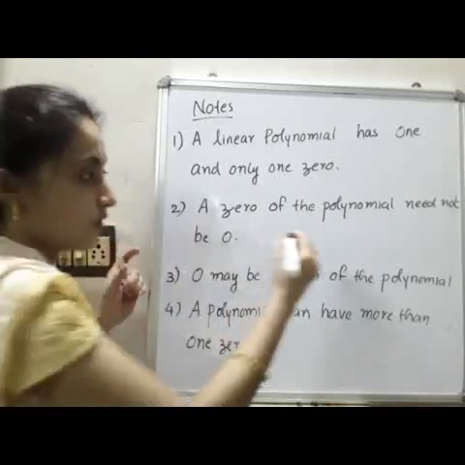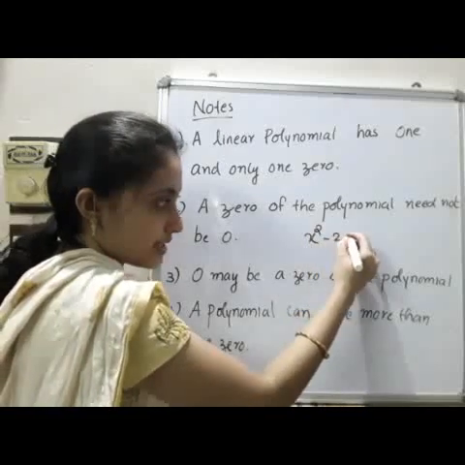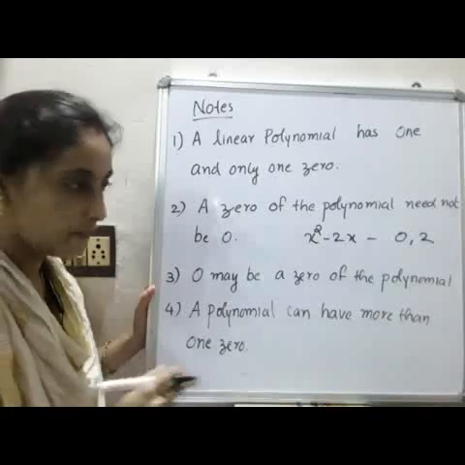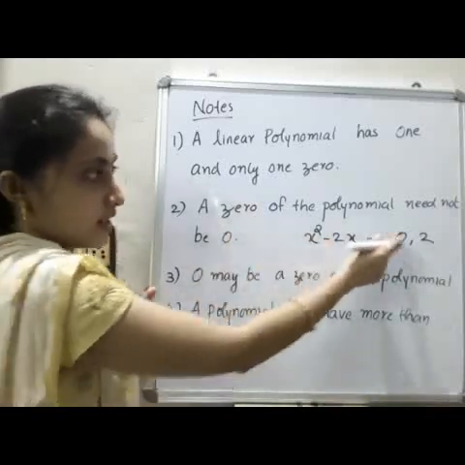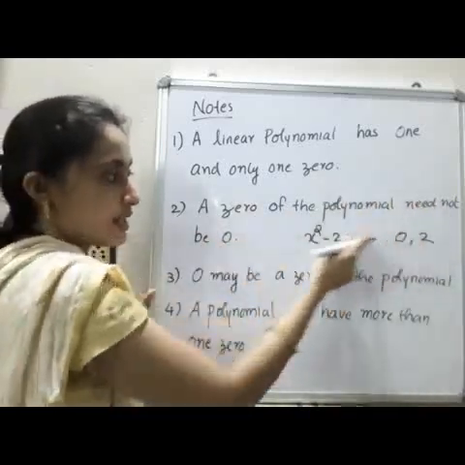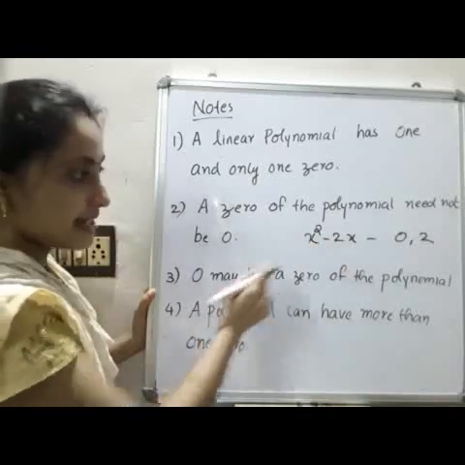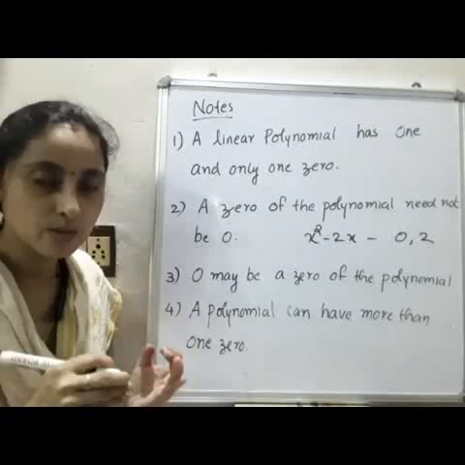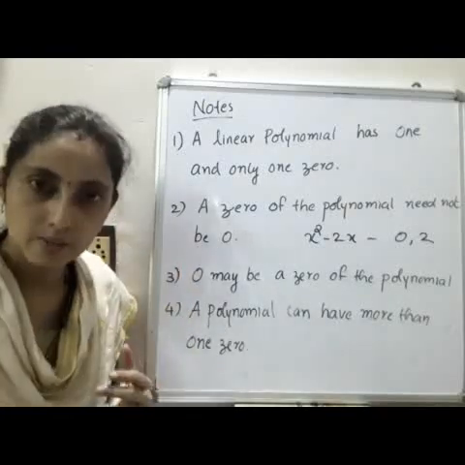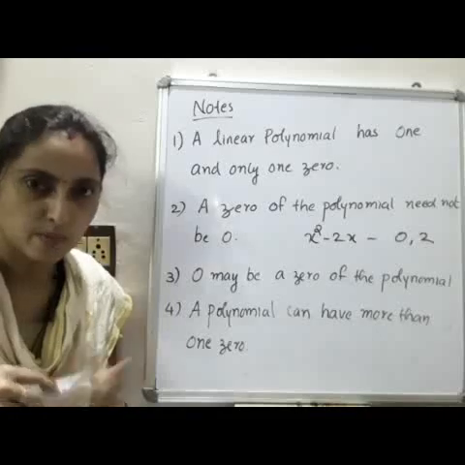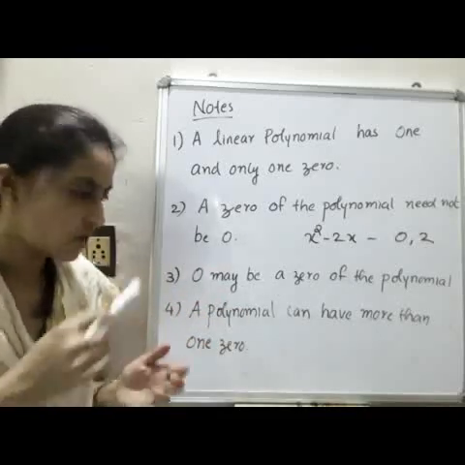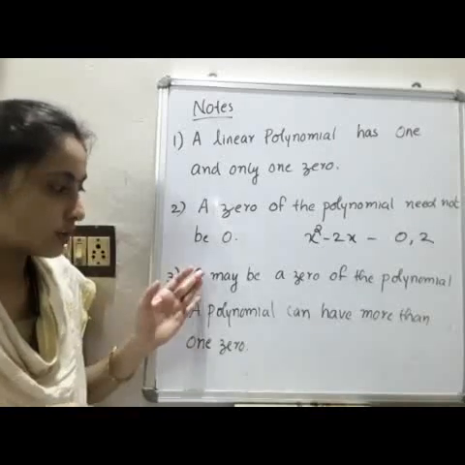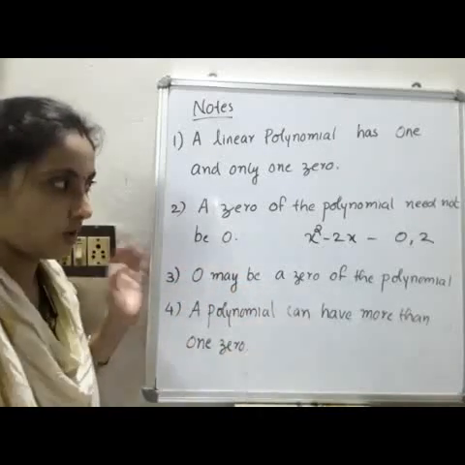That means 2 is a zero of the polynomial, and in this case 0 is also a zero of the polynomial. It's not compulsory, but sometimes 0 may accidentally come as a zero of the polynomial. No problem at all, just read it word by word, then you can understand.